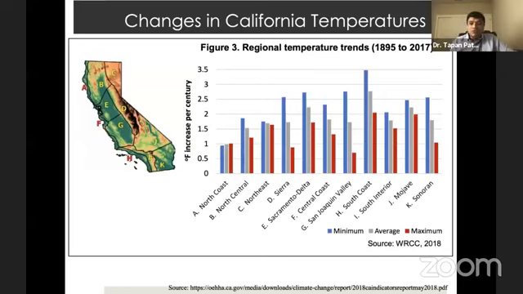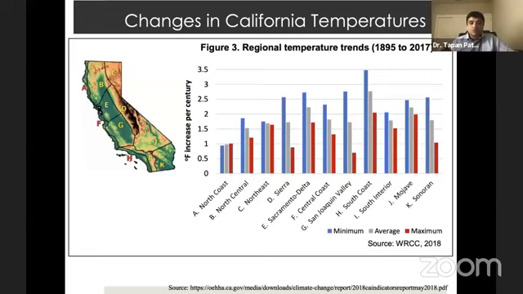As you can see, the rate of increase in the minimum temperatures is substantially higher than the maximum temperatures, and that trend is consistent in all those different zones. The largest minimum temperature increase that California has experienced is in the South Coast, where a lot of small fruits and vegetable production happens, followed by the Central Valley.